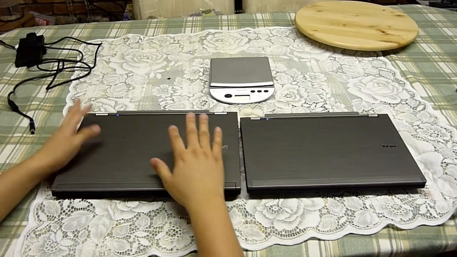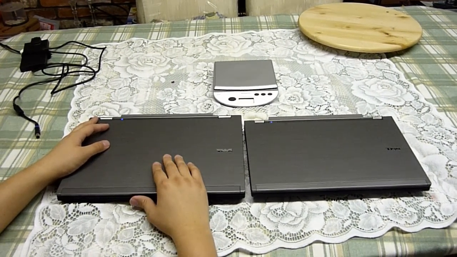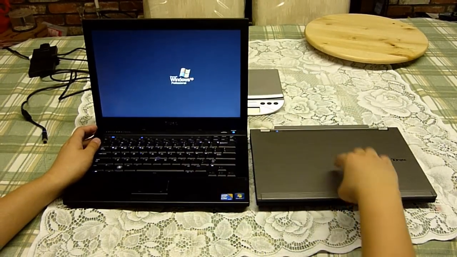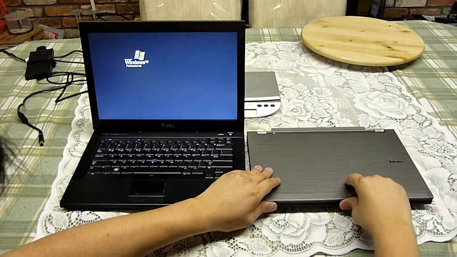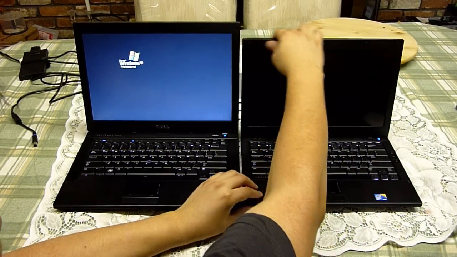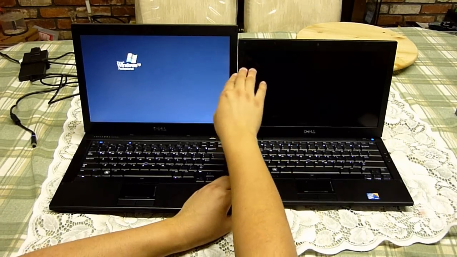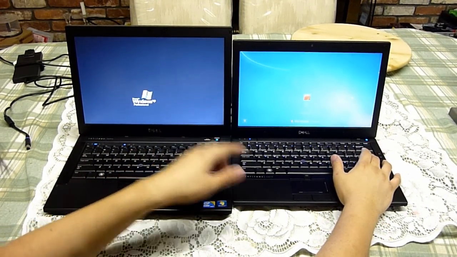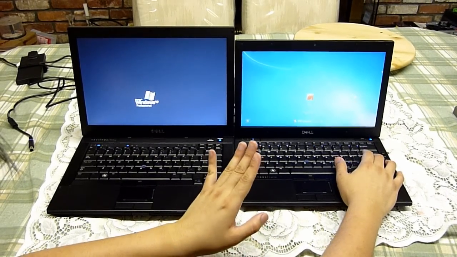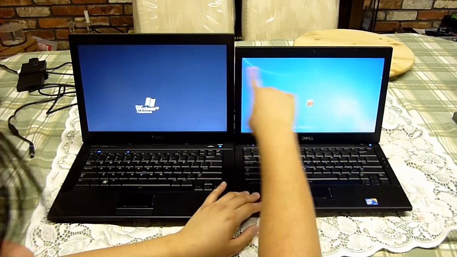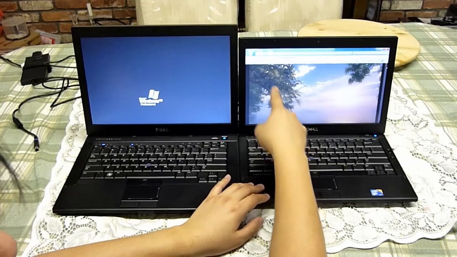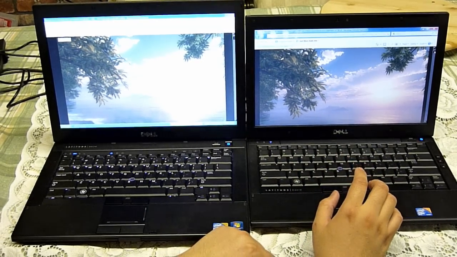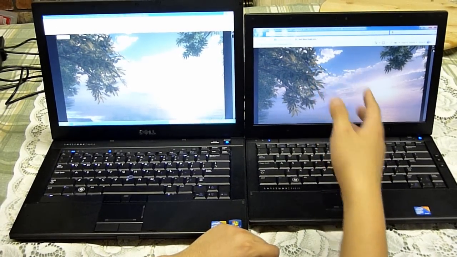So, as well as LCD resolution, this is available with the 1440 by 900 widescreen, which is the higher end model, 1440 by 900 WXGA+. On this one, the E4310 is only available on, as I mentioned before, a 16 by 9 resolution, which is 1366 by 768.